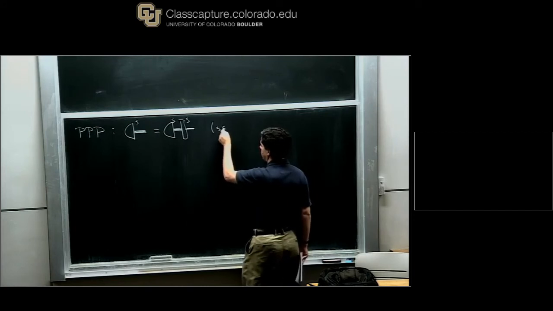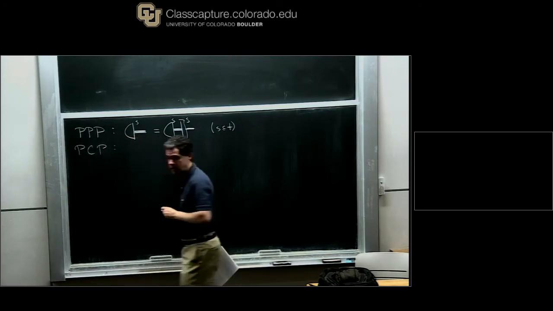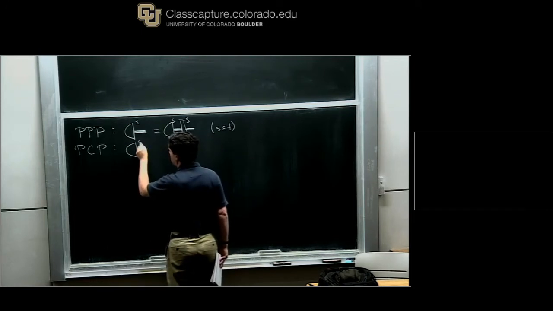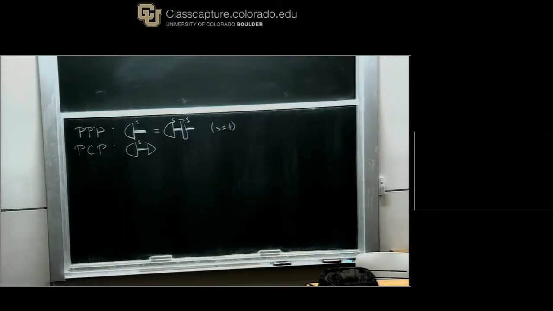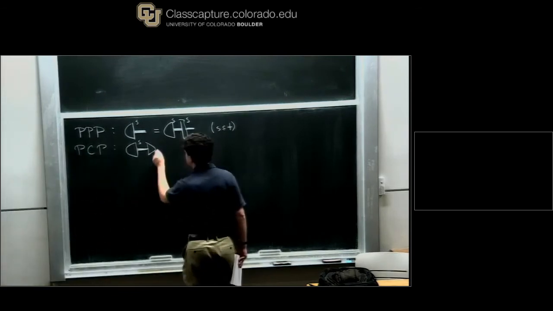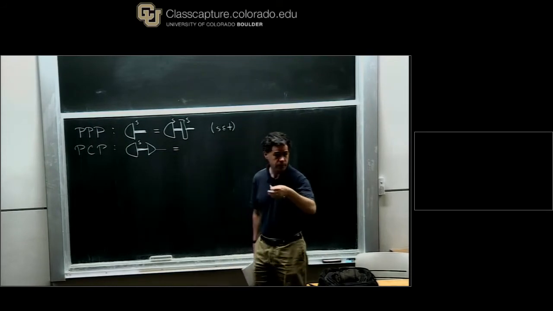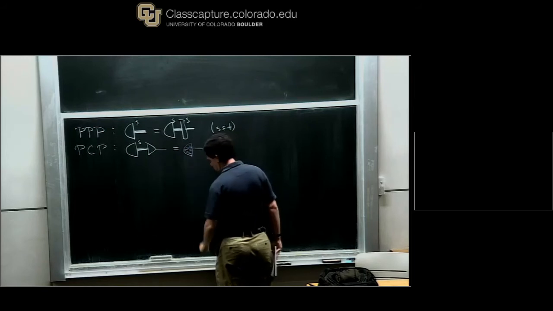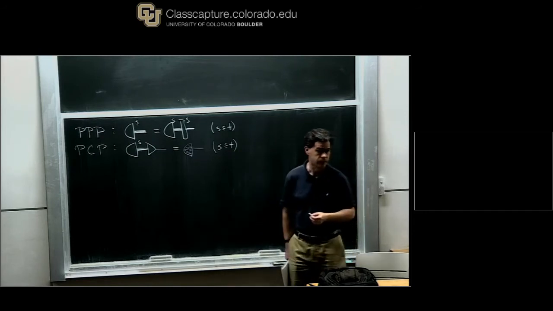And we assume here that S is less than or equal to T. Then we have the PCP, the preparation correctness property, which says that the prepared state is what it's supposed to be. That's saying if we take the state preparation gadget and do an ideal decoder, then that's equivalent to just doing the ideal state preparation.